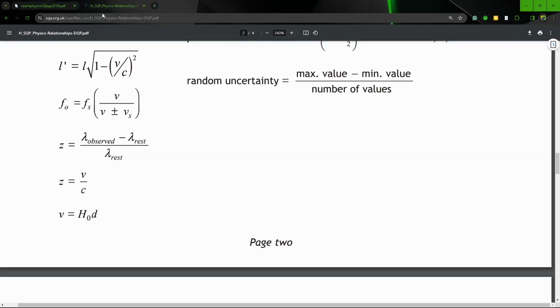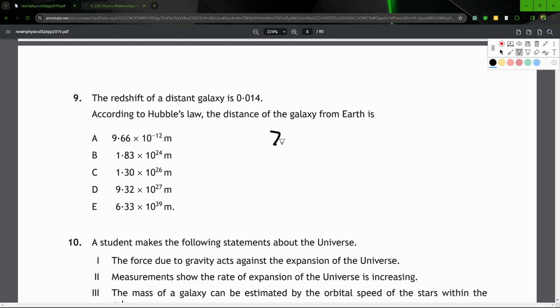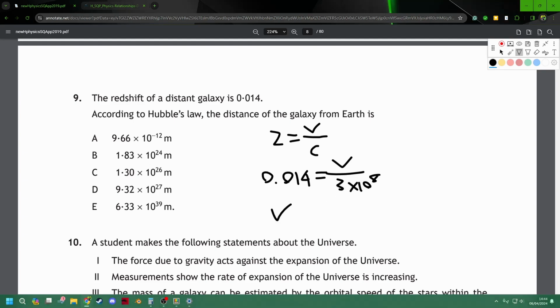So, let's start writing this in. Z equals V over c, which means 0.014 equals some velocity over the speed of light. So, V equals the speed of light times 0.014.